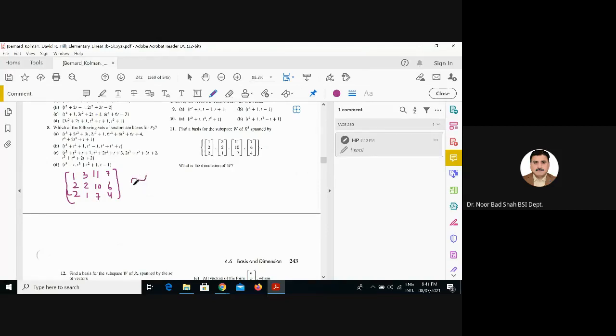So we have row 2 minus 2 row 1. Do you remember the leading one's story? Row 3 minus 2 row 1, using the first non-zero entry: 1 3 11 7. We're getting big numbers. 2 minus 2 is 0. 2 minus 6 is minus 4. 10 minus 22 is minus 12.